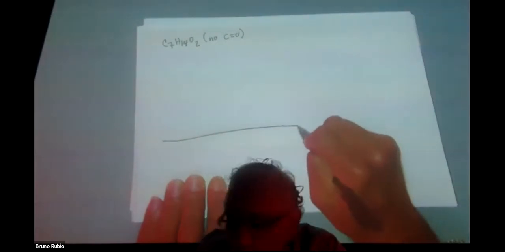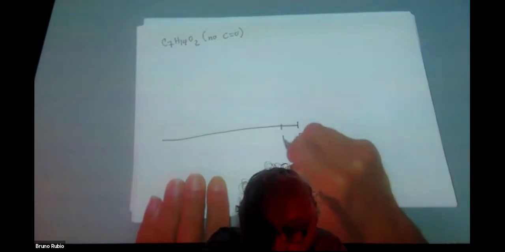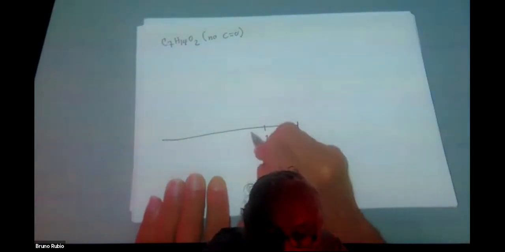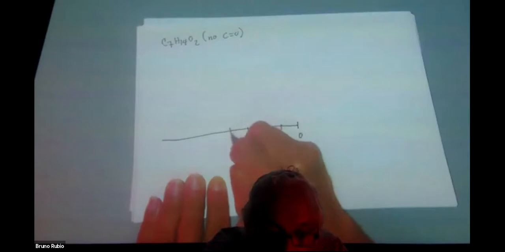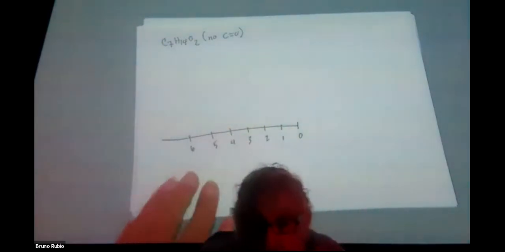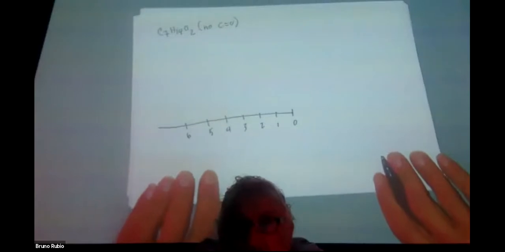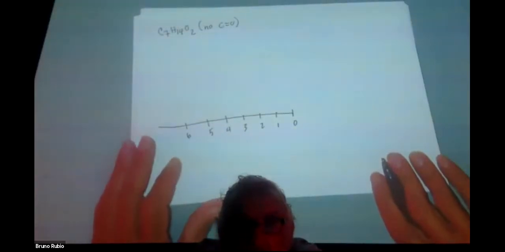And the spectrum goes from 0 to 6, 0, 1, 2, 3, 4, 5, and 6. Well, I should have made that bigger because you get all squished up. Okay, near 5 ppm, near 5 ppm.